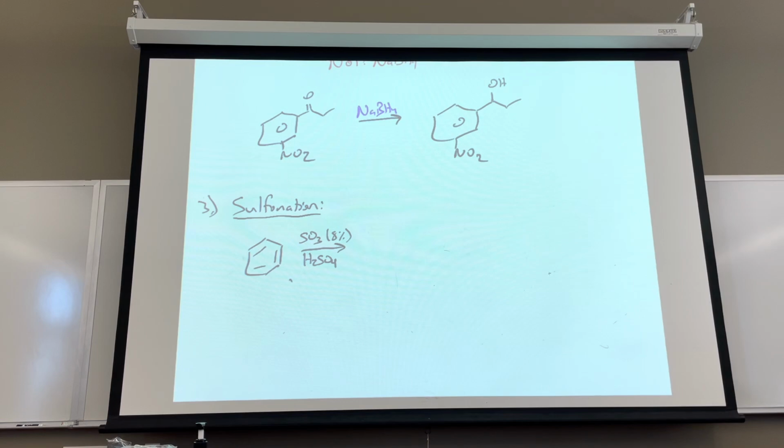And this makes what is oftentimes called fuming sulfuric acid. Sulfur trioxide is a nice white powder, and if you throw it in sulfuric acid, it begins to smoke or fume, and hence its name. I'll show you the mechanism momentarily, but this is going to end up making a benzene sulfonic acid, which looks like this.